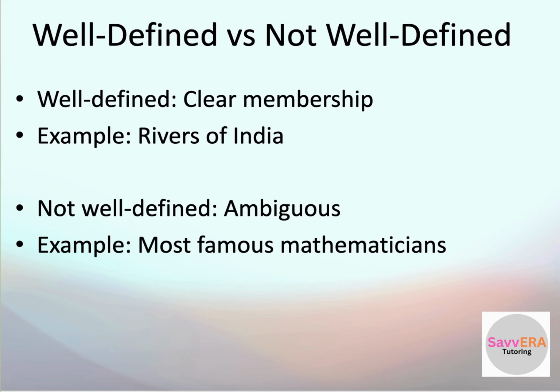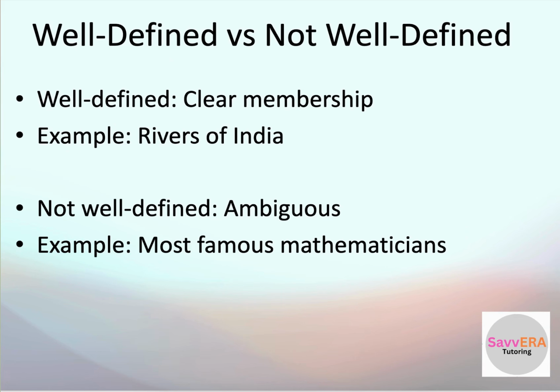So we know that as we go through time, the famous mathematicians will change. If you were talking about the present, mathematicians who are famous might be different from someone from, let's say, the 1900s.